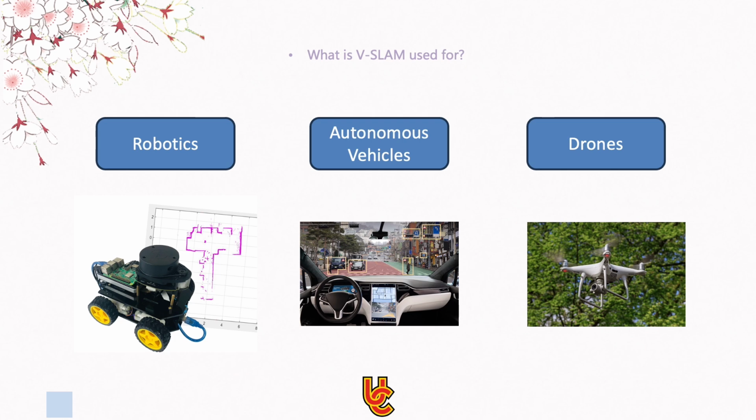Autonomous driving vehicles are more familiar, like the Tesla. It's very widely used in the US now, right, for autonomous driving. And for drones, it can facilitate navigation and environment mapping. It's very essential for search and rescue missions or environmental monitoring.